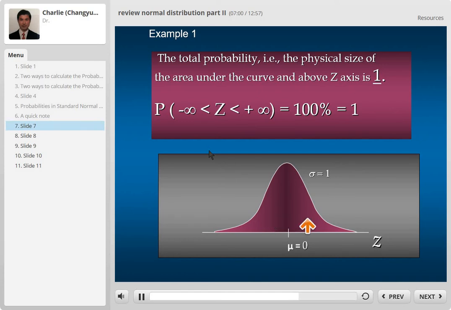The physical size of this area equals 1. And that's something we always have to remember. This is something we have to memorize. The probability under this curve above this line equals 1. That is the total probability. And mathematically we write it this way.